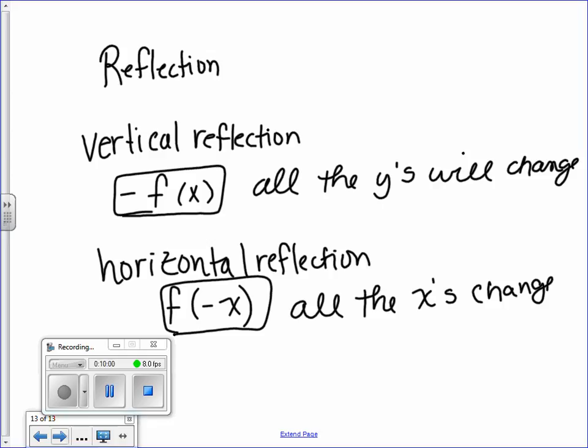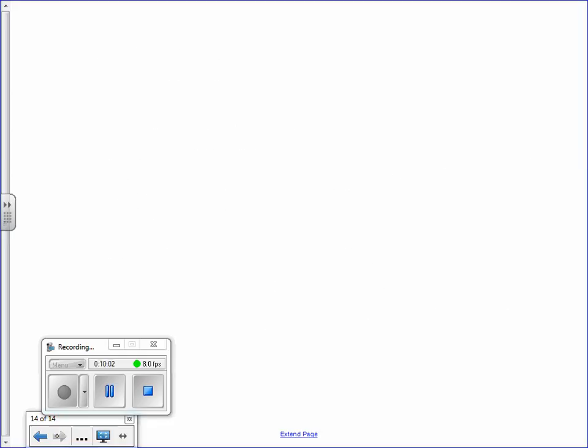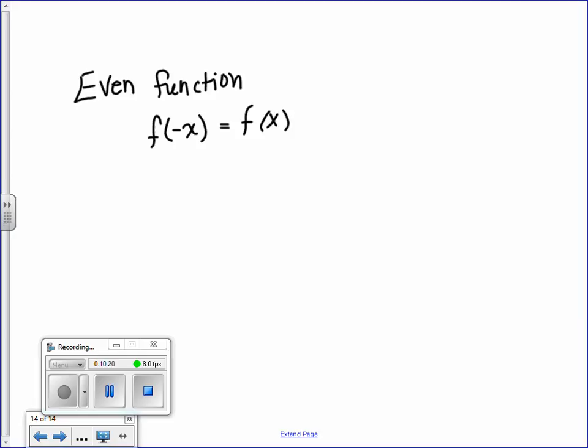Alright, let's talk about even and odd. Now that we're changing signs. By the way, if you can change all of those signs and come up with the exact same function again, then you have an even function. If you change all of those signs and come up with the exact same function, but it's negative, then it's an odd function.